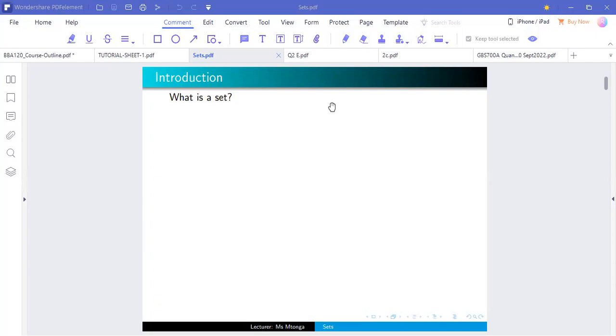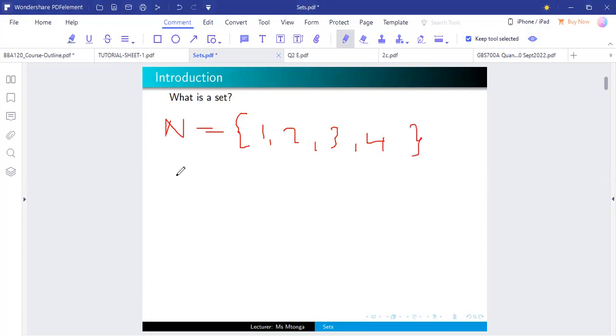So we have different types of sets. A set of real numbers could be 1, 2, 3, 4 upwards. That's something in common. What about a set of prime numbers? What are prime numbers? Numbers that can only be divisible by 1 and itself: 1, 3, 5, 7.